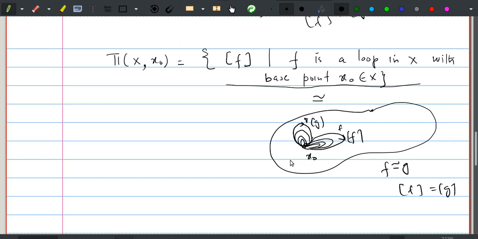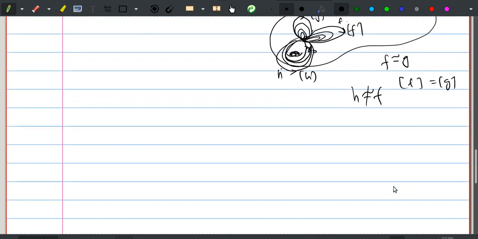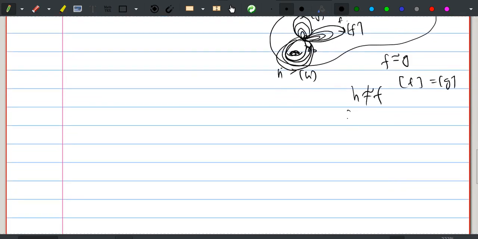However, suppose we have a hole here, and let us take this class here. Suppose it is the class of H. Note that since H is not homotopic to F, their homotopy classes will be distinct.